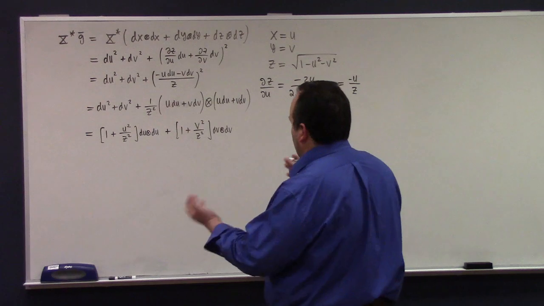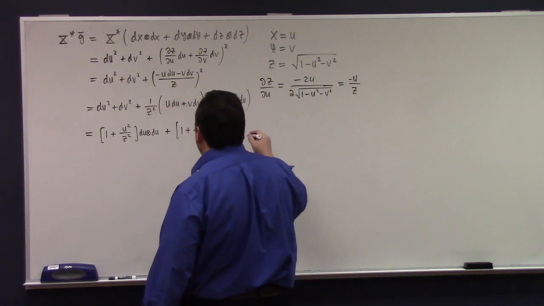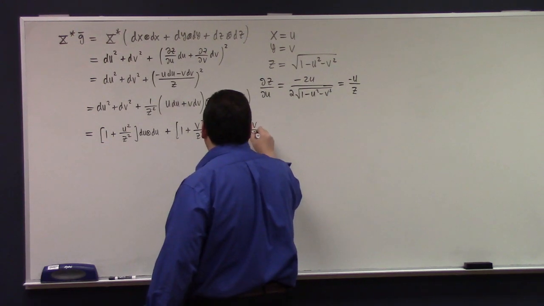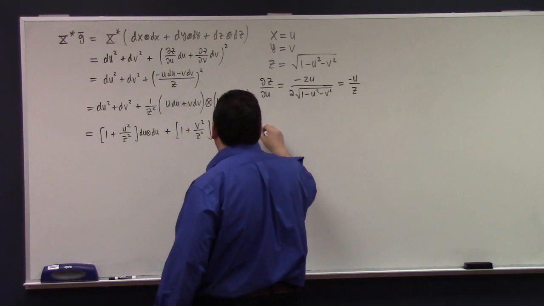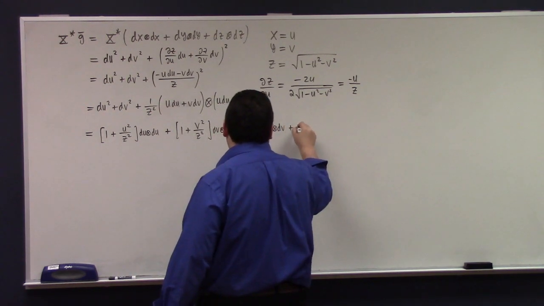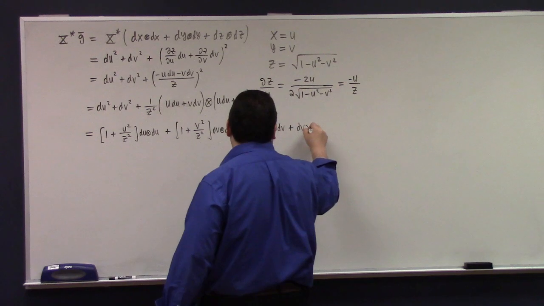And then I've got cross terms, right? Like, let's see here. So like uv over z squared, and there I'm going to have du tensor dv plus dv tensor du.